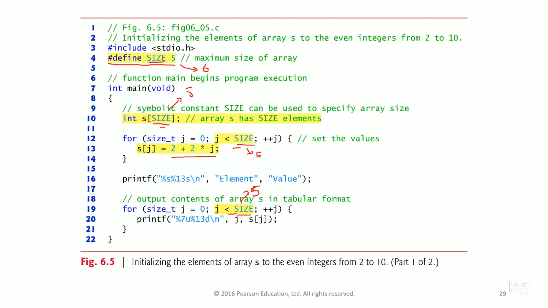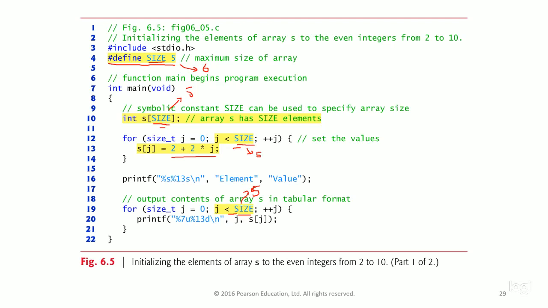But if you use a symbolic constant, you only have to change it at one location and not at 3 different locations. So this saves you some time and effort and a bit of headache as well, because let's say you are doing it multiple times. If you are accessing this array multiple times, maybe printing it 5 times or changing the value 2 times, so maybe you have 7 for loops in your program.